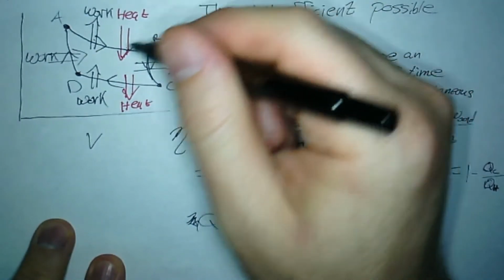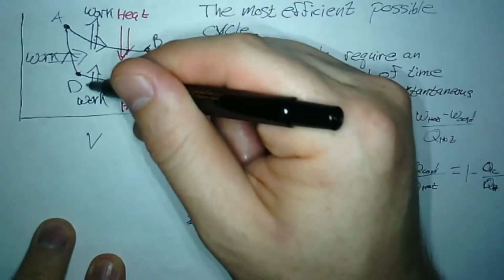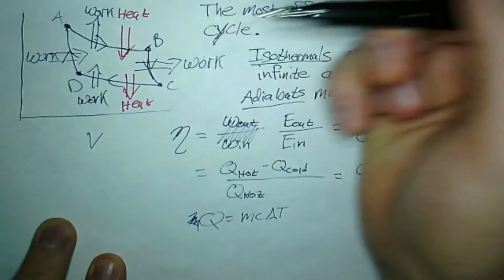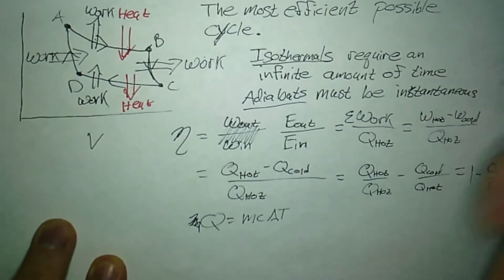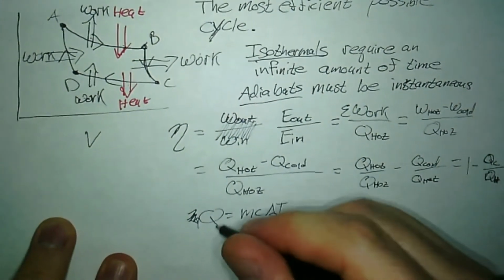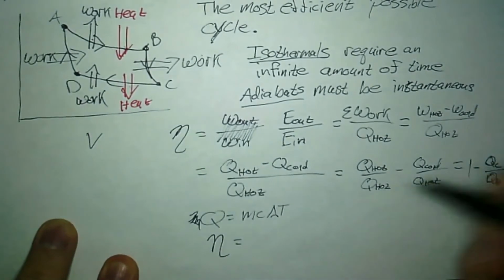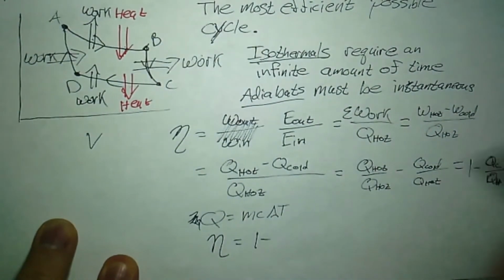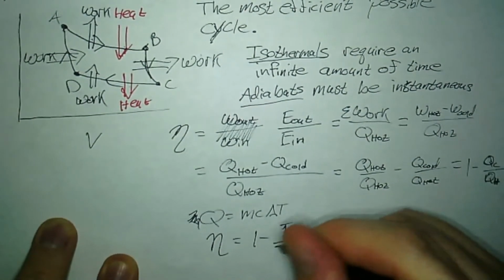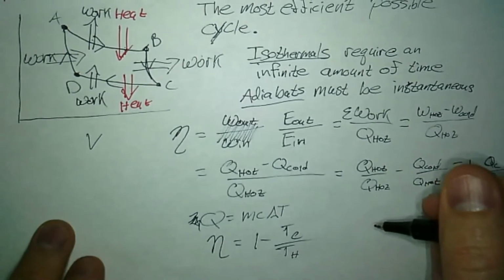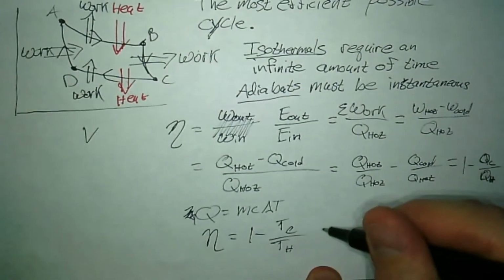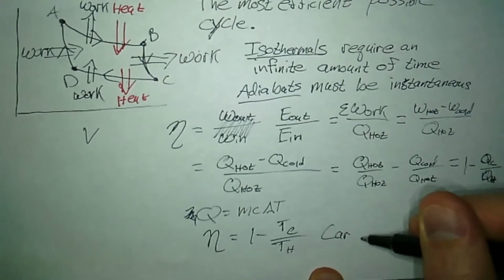Since the temperature is the same all along this line, and the same all along this line, because they're both isothermal curves in a Carnot cycle, I can just do the ratio of the temperatures. So I can say my efficiency is equal to 1 minus the temperature at the cold over the temperature of the hot. And that is the theoretical maximum efficiency you can have for a heat engine.